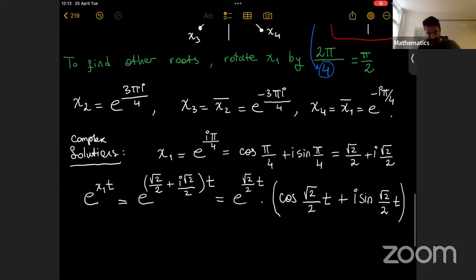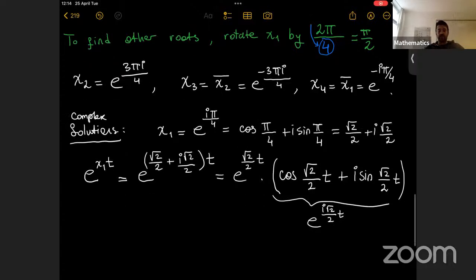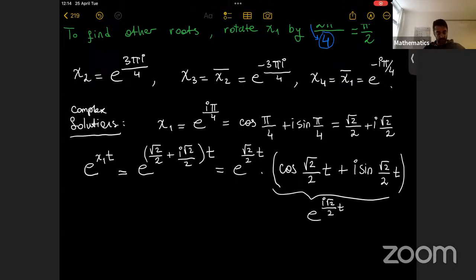This is basically e to the i root 2 over 2 t. Okay, so this is one complex solution.